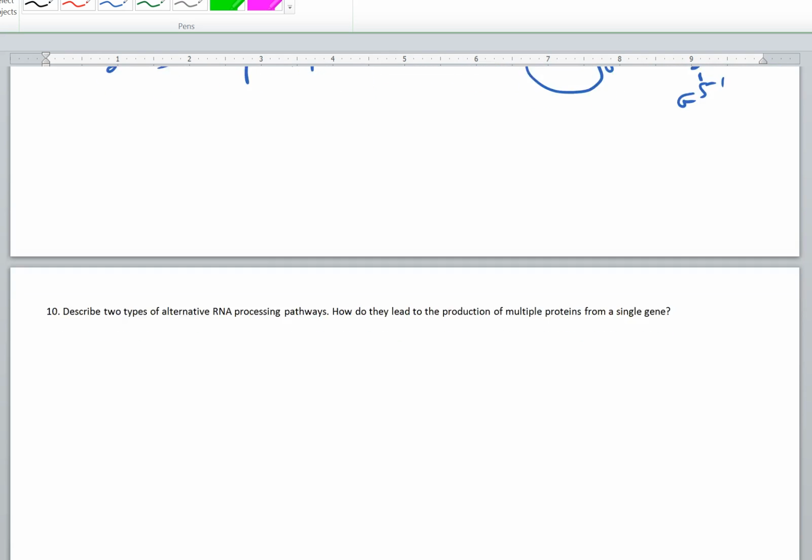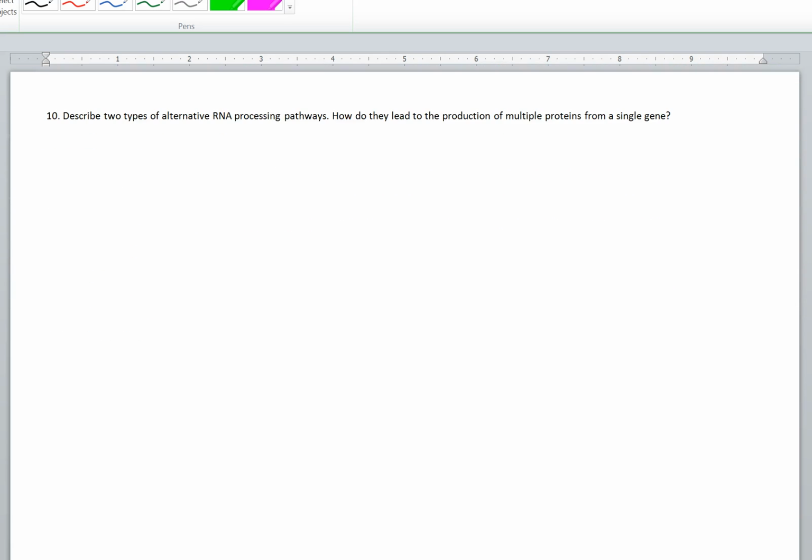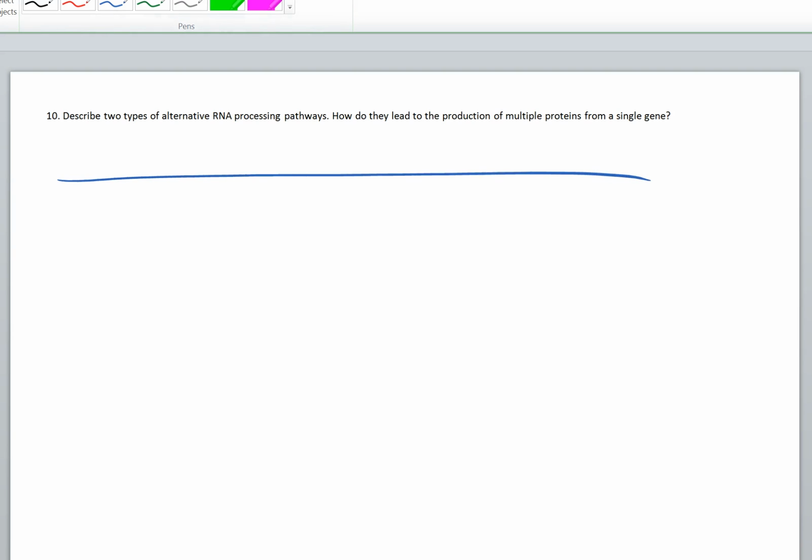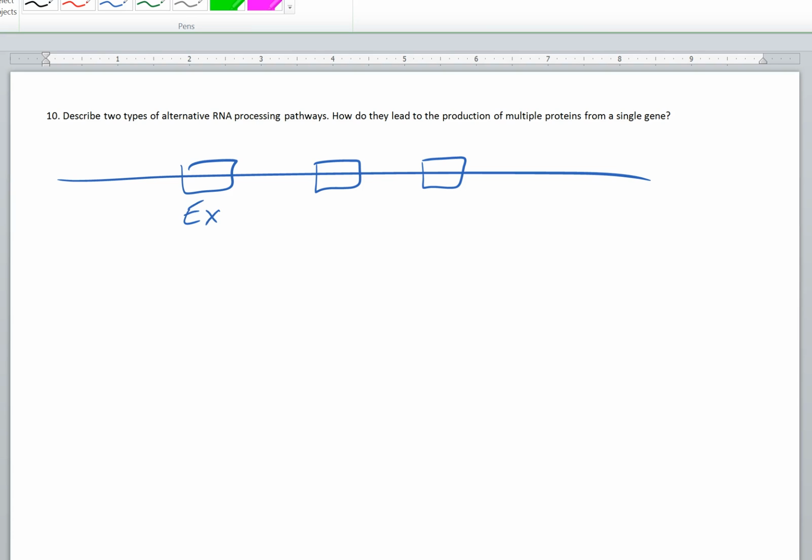Now splicing can give you different outcomes from the same gene. So we have a gene, and let's say this is exon 1, exon 2, exon 3.